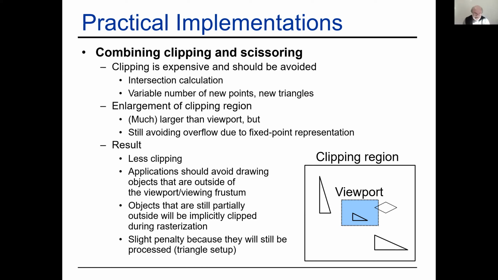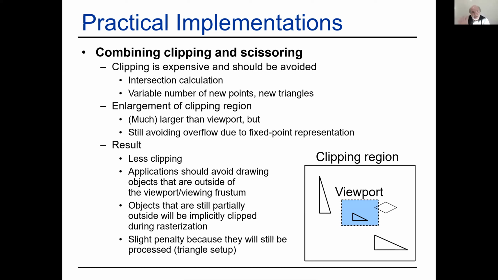And so essentially the lesson here is that ideally we would like to get away with not doing any clipping at all, or at least doing it as few times as possible. Now you think, well, but I cannot avoid that, because there can always be geometry.